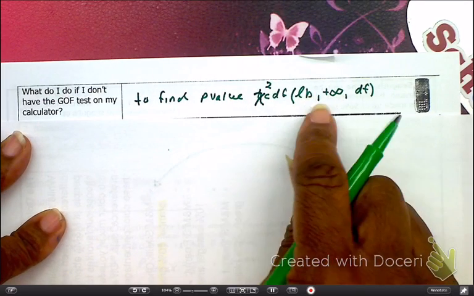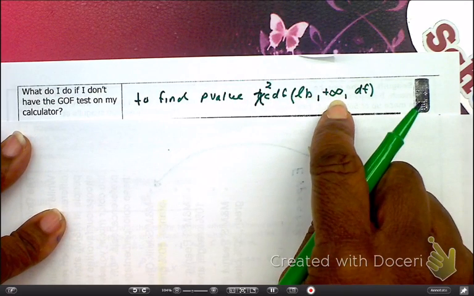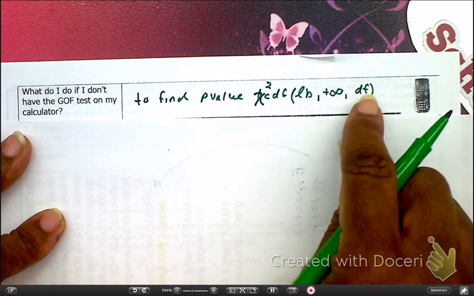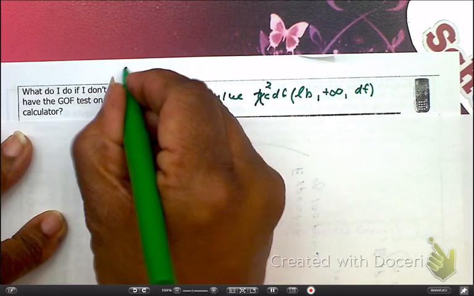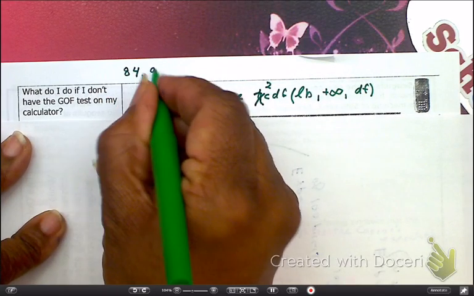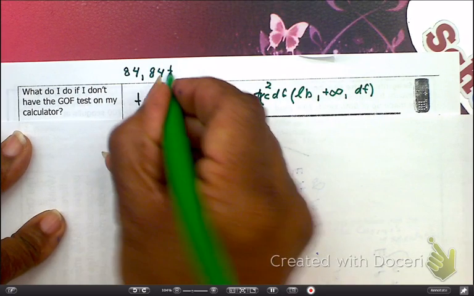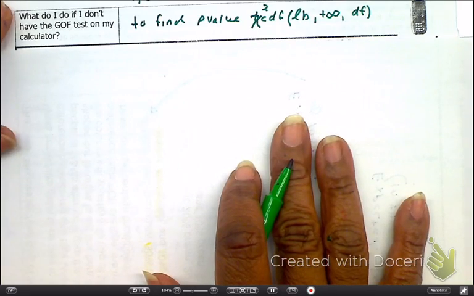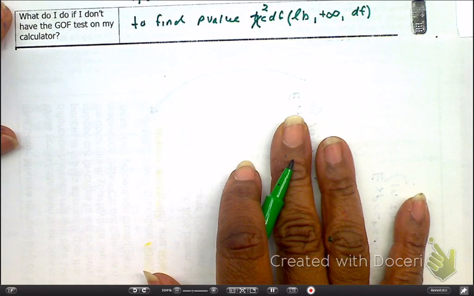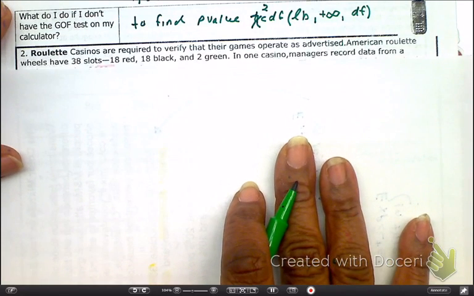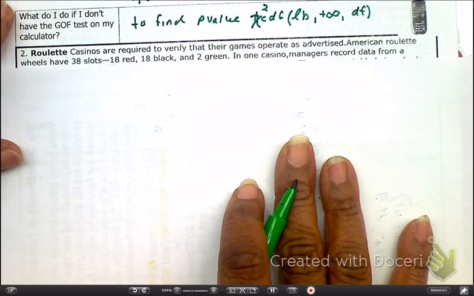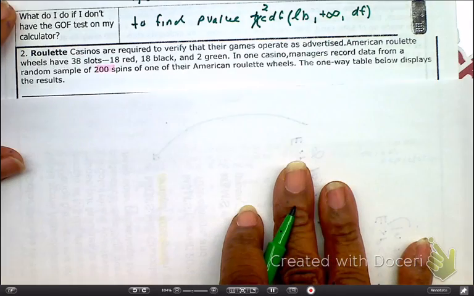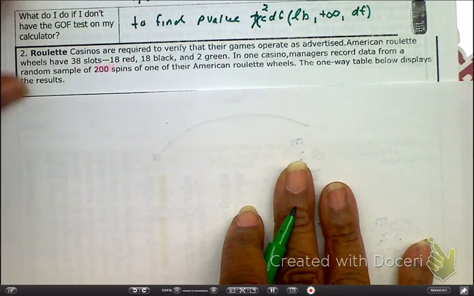Chi CDF, left bound, positive infinity all the time, because that's your right bound, then degree of freedom. But for those of you who have 84s and 84 pluses, be ready to help each other out tomorrow. In terms of the actual math, though, we have to do it the long way if we don't have the calculator. So please take a minute to read over this scenario.